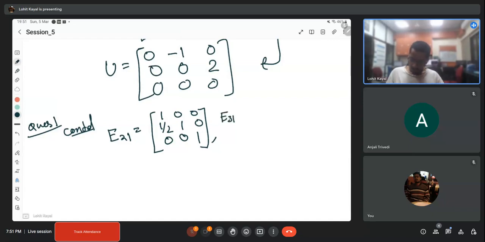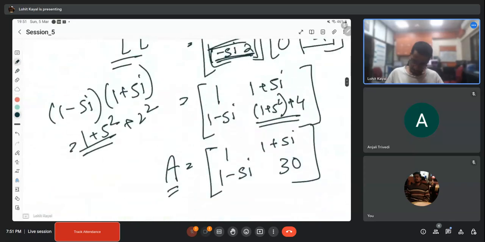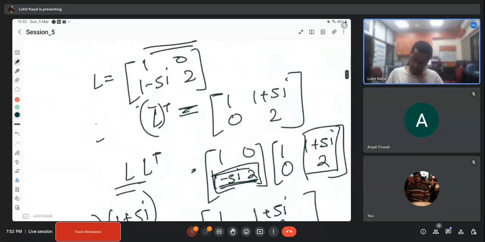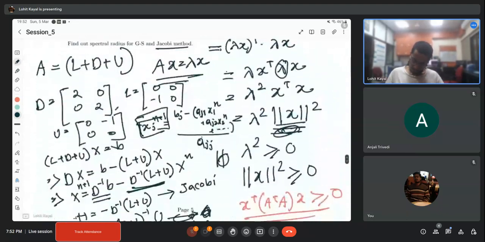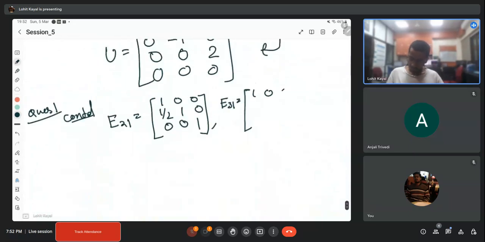So E31: the off-diagonal element is 1 by 4. So [1 0 0; 0 1 0; 1/4 0 1].